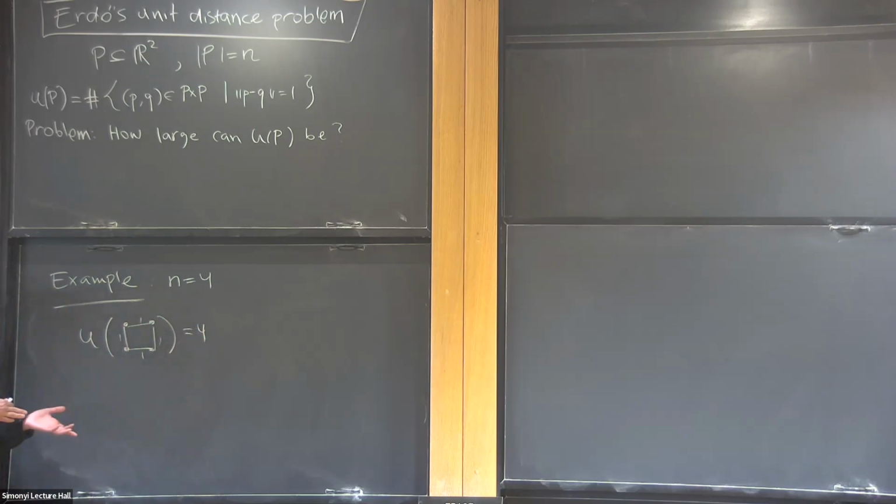Can we do better for point sets of size 4? Yes, we can make these two vertices closer and have this kind of point set. Of course the point set is only the vertices, but the edges show us the pairs of distance 1. So here we have 5 pairs having distance 1. Can we do better? No, once we fix the edge lengths here, the last one is determined, it's not 1, so this is the maximum.